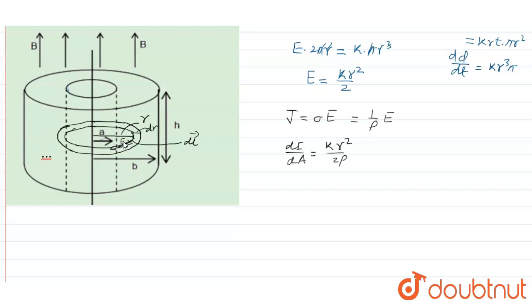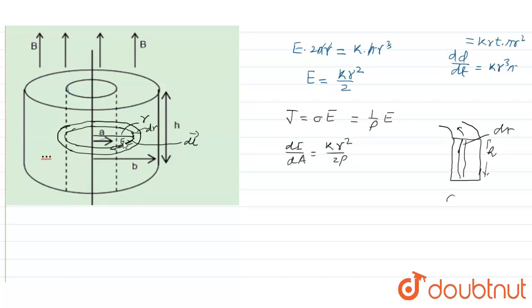What will be the area? This current will be moving in a circular direction, so the area is kind of a rectangle like this. This is dr and this is h.